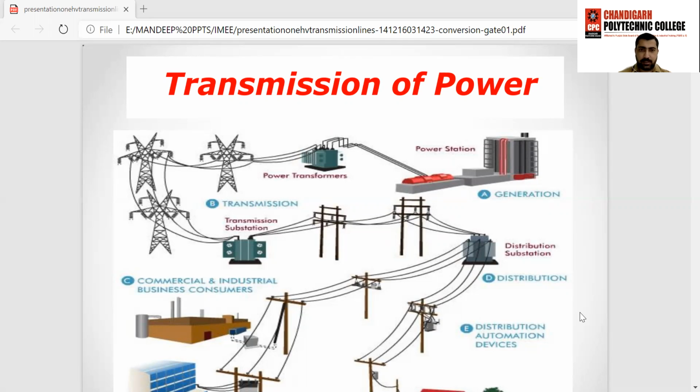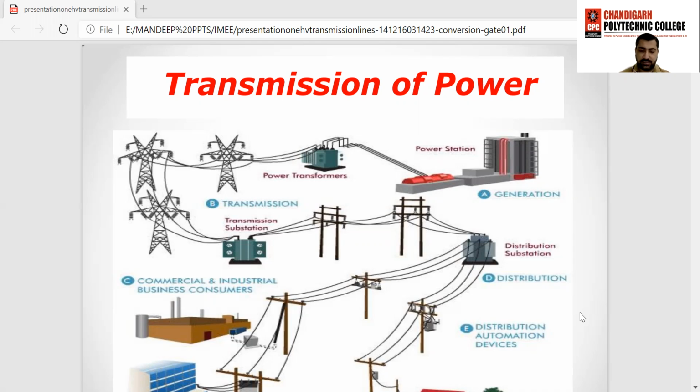A power system includes generating of electrical power, transmission of electrical power, and distribution of electrical power. These three stages are covered in electrical power system.